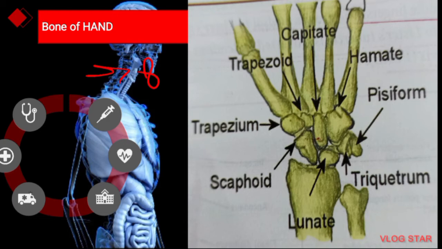In the proximal row there is scaphoid, lunate, triquetral, and pisiform. In the distal row, these are trapezium, trapezoid, capitate, and hamate.